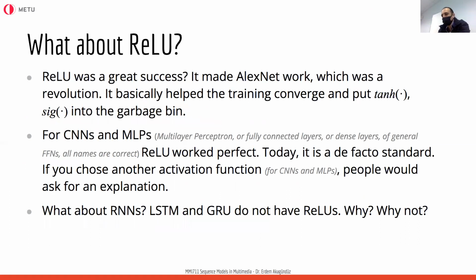You see, one of the revolutions of AlexNet was using the ReLU, because ReLU is an activation function which is very easily differentiable. The derivative of ReLU is 1 if the activation is positive, 0 if the activation is negative. Quite simple.